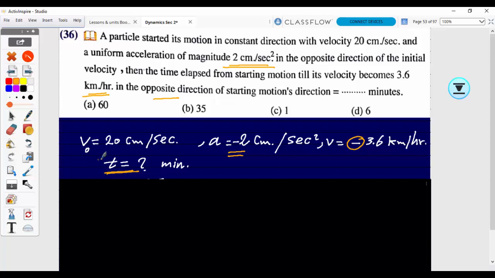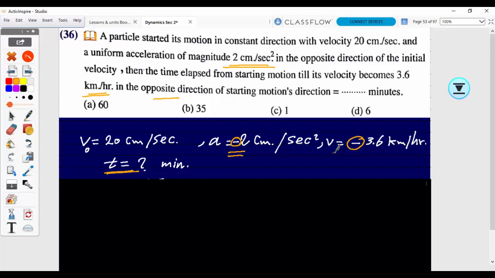Again, we have v naught equals 20 centimeters per second. It is the initial velocity. And the direction of the acceleration is opposite to the direction of the initial velocity, so its sign will be negative. So a equals negative 2 centimeters per second squared.